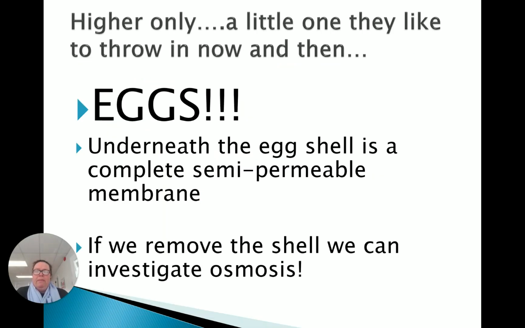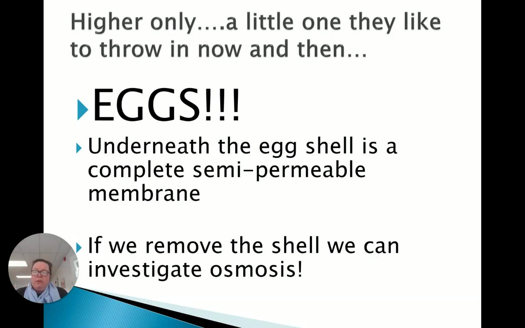Now, this bit here is just for higher, combined and triple, but higher, because sometimes they throw this in, okay? They will throw in the eggs with osmosis. So if you think about an egg, underneath the eggshell is actually a lovely perfect cell membrane.